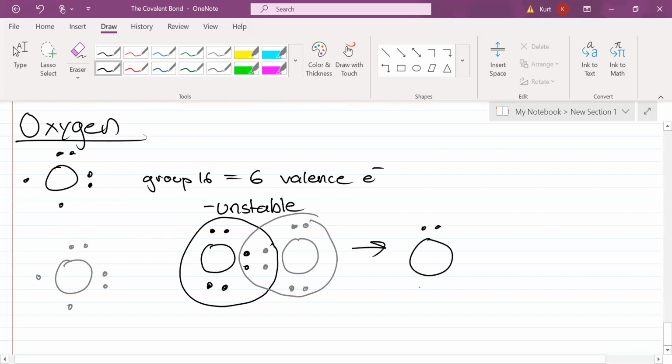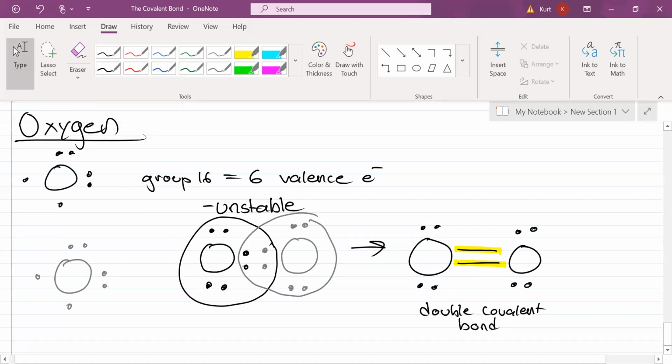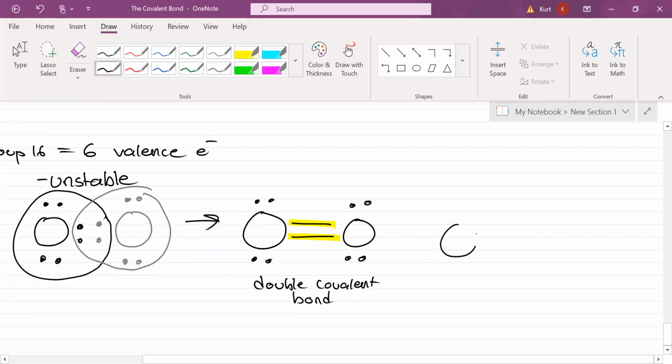It's obviously covalent, but how many? It is a double covalent bond. 2 pairs of electrons are being shared. This is known as a double covalent bond. And this would be O2.